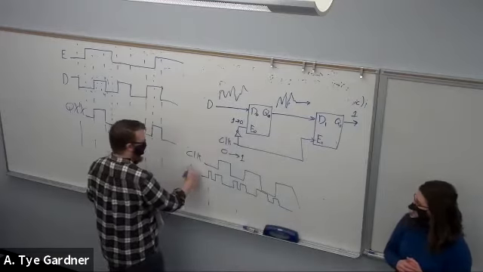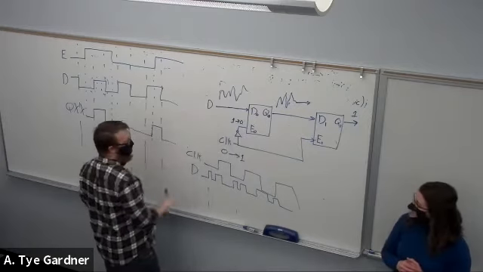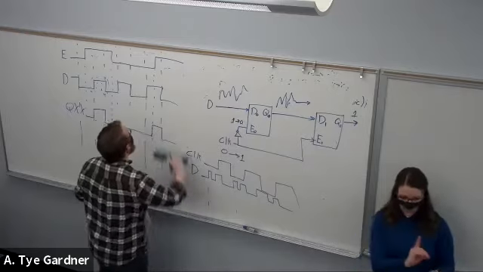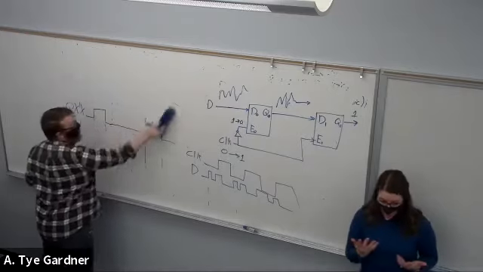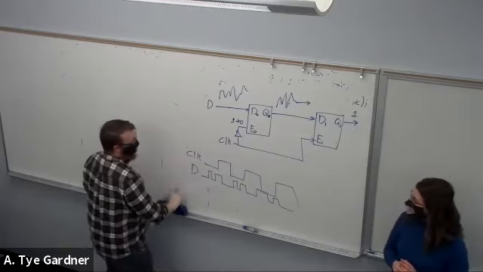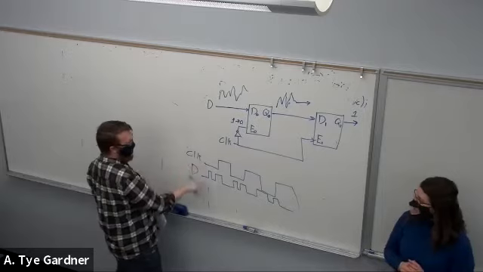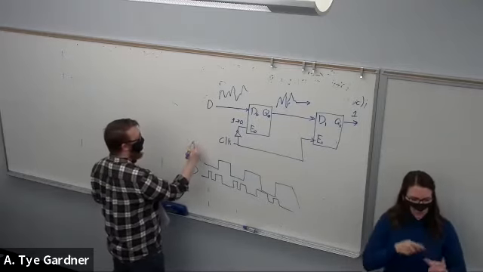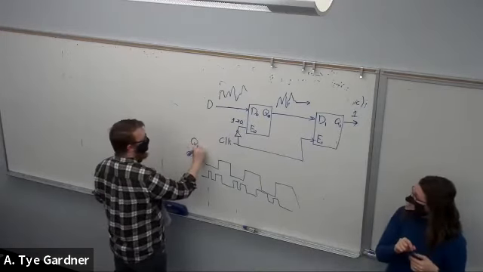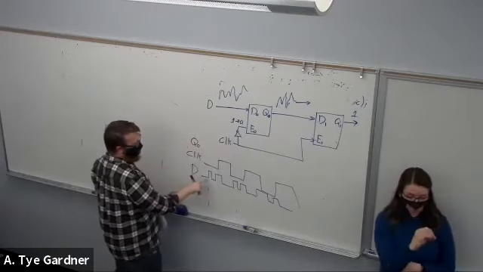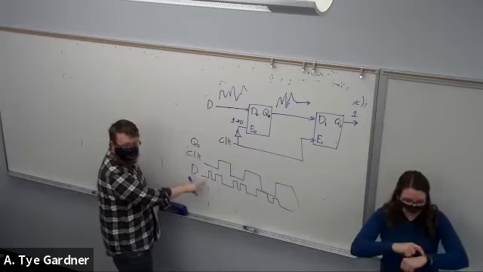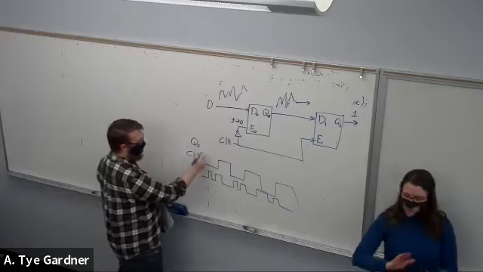Okay, so let's call this D. Well then, what's going to happen is, and I'm going to write up above, because I can see people are struggling to see, Q naught is just going to follow D anytime clock is low.